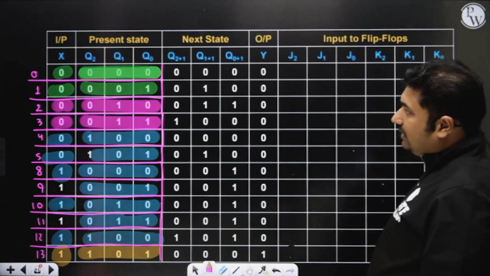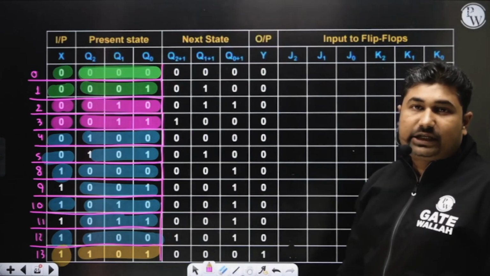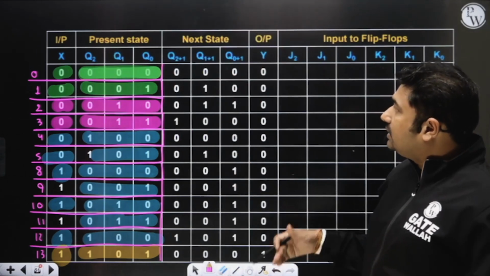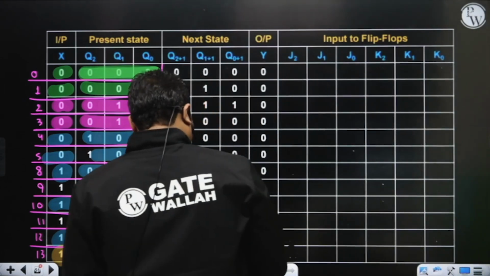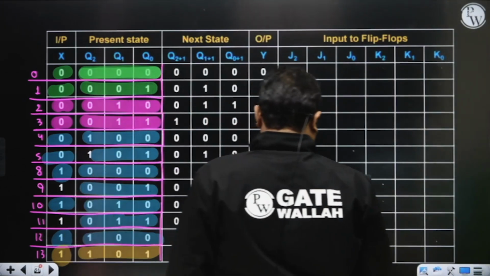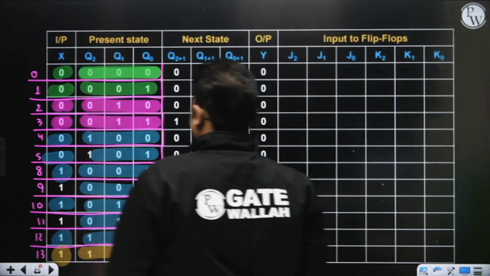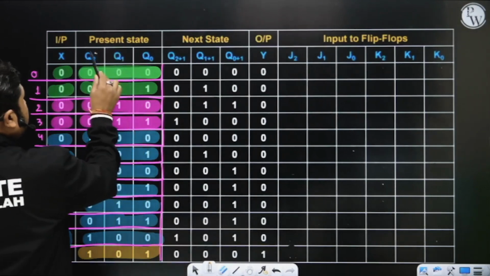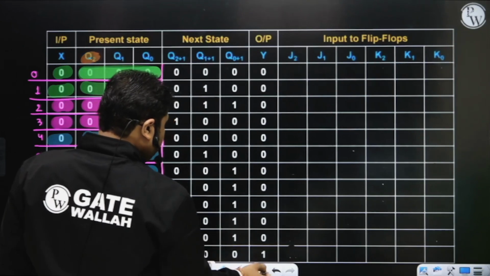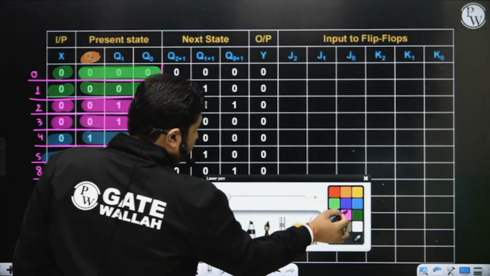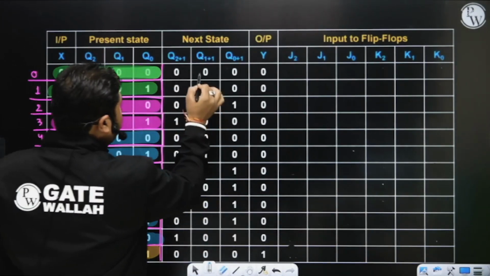Now, depending upon the present state Q and next state Q plus 1, we can write the excitation needed for the J and K flip-flop. Yes, sir. So now please observe the present state Q2 and Q2 plus 1.